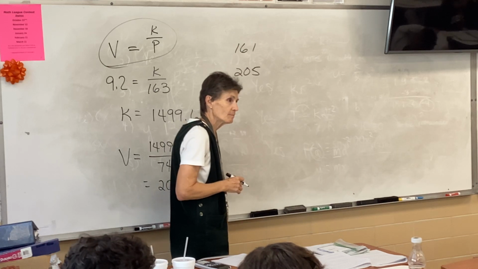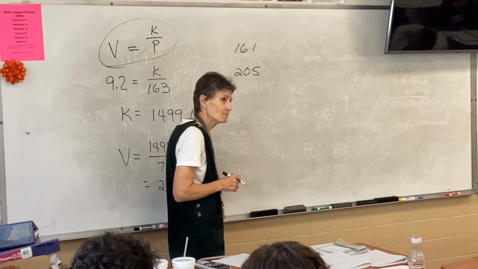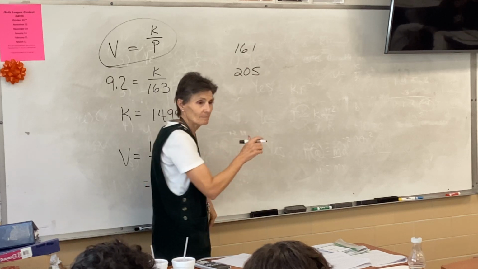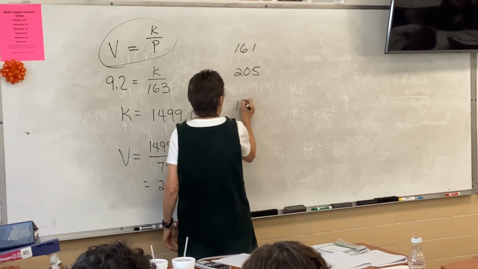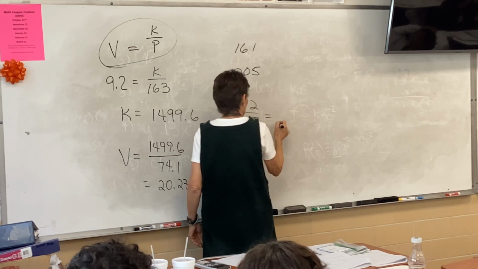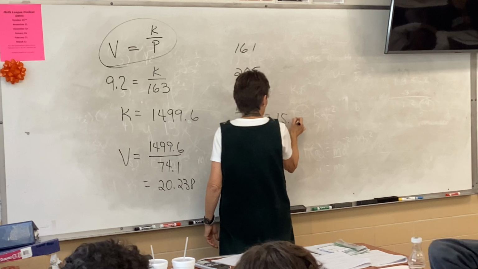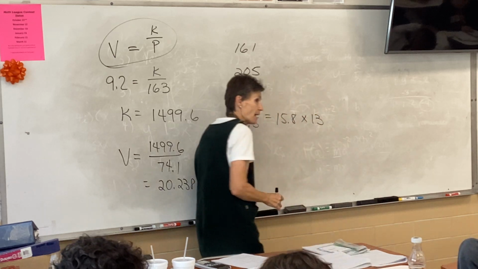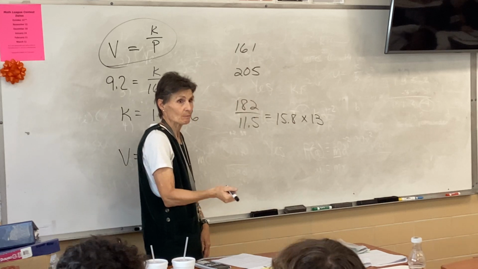I put it in the 11 after the 13 ounces. 182 divided by 11.5, and then I got 13.8, and then times that by 13. So that was Nathan's idea.